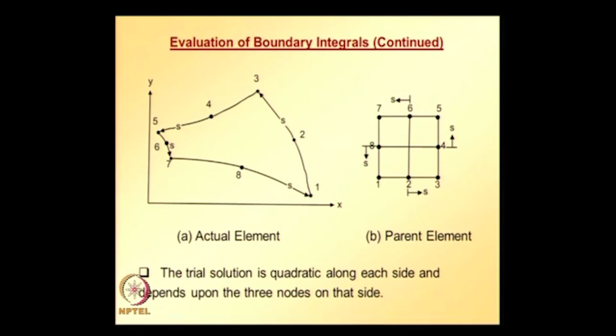Similarly along side 3, 4, 5, except for 3, 4, 5, the other nodal shape functions are going to be 0 along that edge, similarly for other edges.